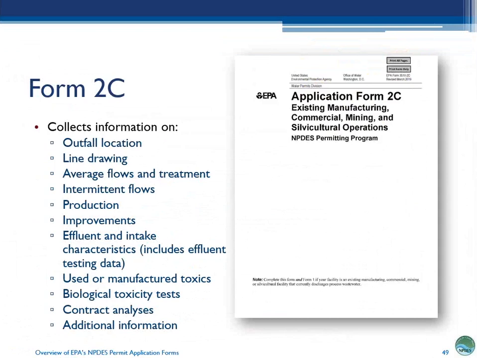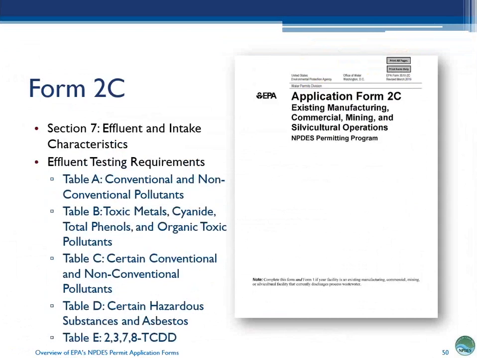This section requires applicants to describe any whole effluent toxicity testing conducted within the past 3 years. Contract analysis information. This section requires contact information for any pollutants analyzed by a contract laboratory. Lastly, applicants must submit any additional information required by the permitting authority.